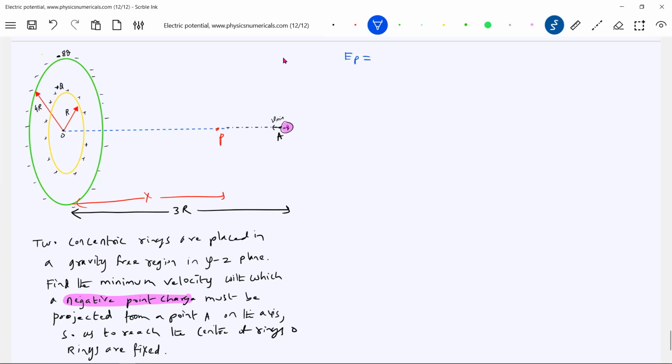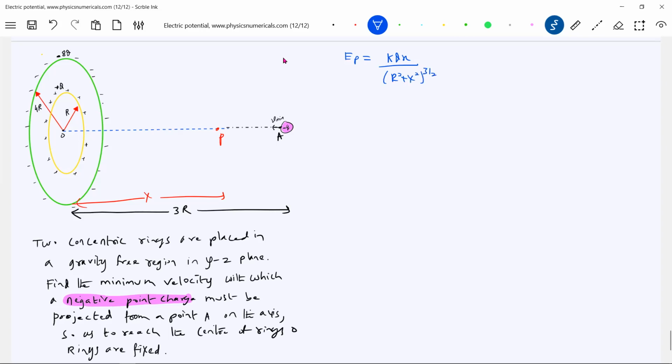So that should be equal to, due to the positively charged ring, kqx divided by (r square plus x square) to the power 3 by 2. Okay, this is like this, no?